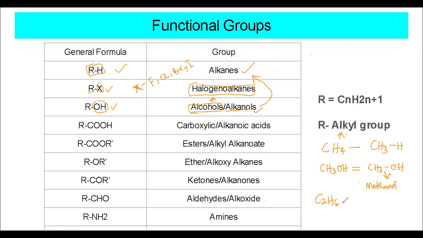C2H6. Sorry, this is ethane. That's the alkane group. So I can replace the last hydrogen there, making it C2H5 plus one hydrogen, and then replace it with OH.